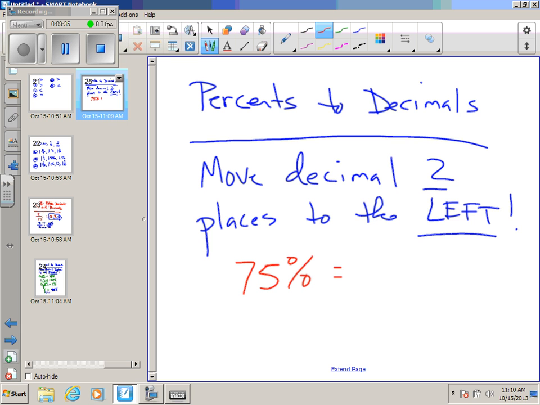Well, the tricky thing, well, not necessarily the tricky thing, but if I have 75%, I need to first of all locate where my decimal is. And as a general rule, if you don't see it, it always comes where? Where is it always if you don't see it somewhere, Dasan? Yeah, it's right here. Okay? So now if I go 2 places to the left, 1, 2, what is my decimal for 75%, Desriana? 0.75.